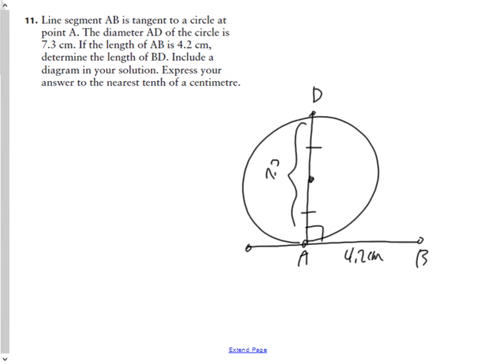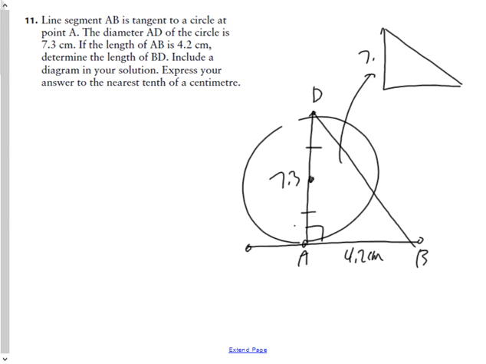This line right here, then, if the diameter is 7.3, then half of that will be 3.65. And it says determine the length of BD. So what is the length of this? Actually, hold on. My mistake. I do actually need the full diameter, 7.3. So what we have here is a very simple question of a right triangle.